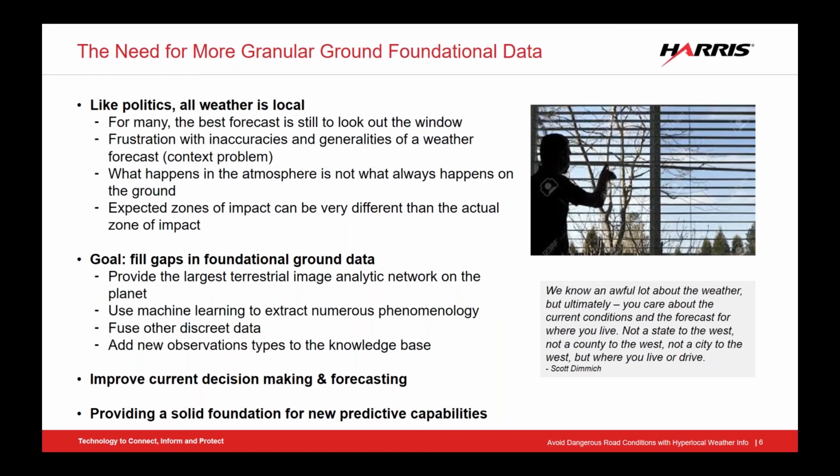And that's where we think we can drive the improvement as we look at new ways of prediction, new ways of forecasting, and improving models, particularly longer term models. So we want to really provide a solid foundation that we can start to do new predictive capabilities against.